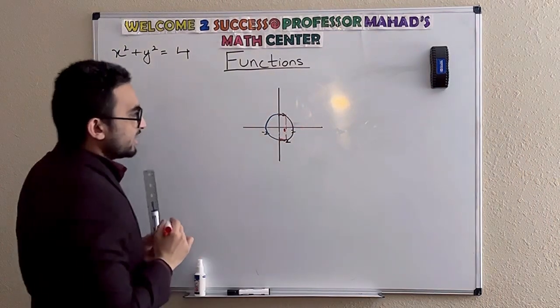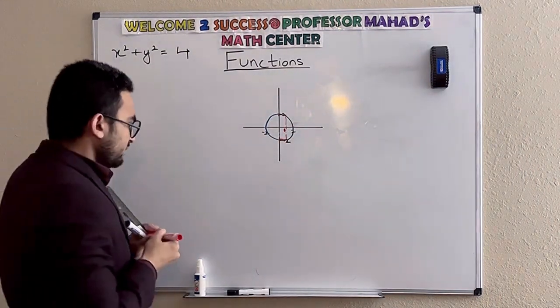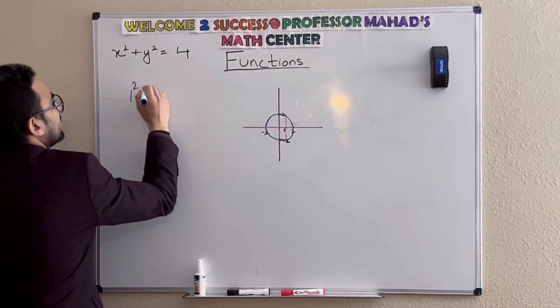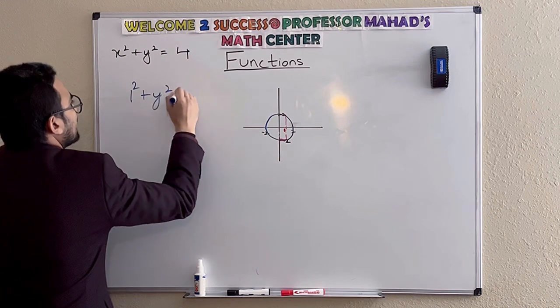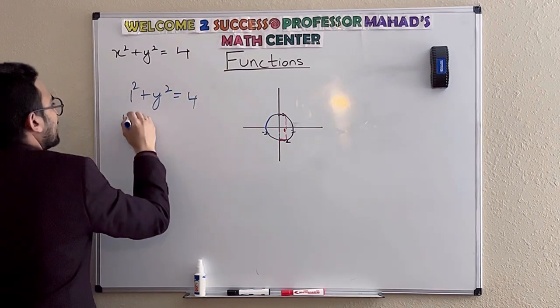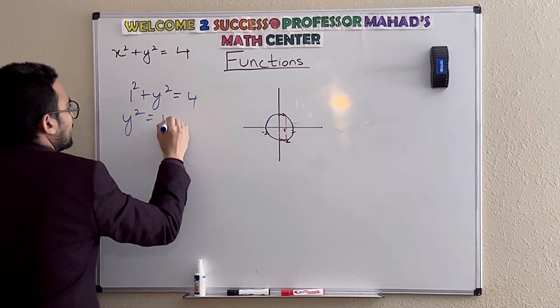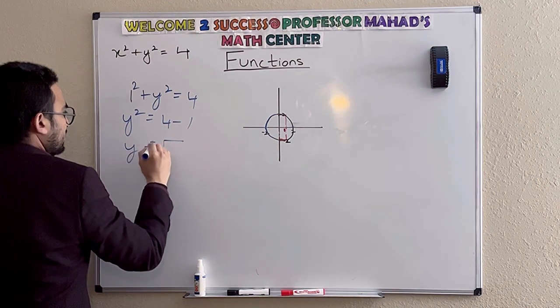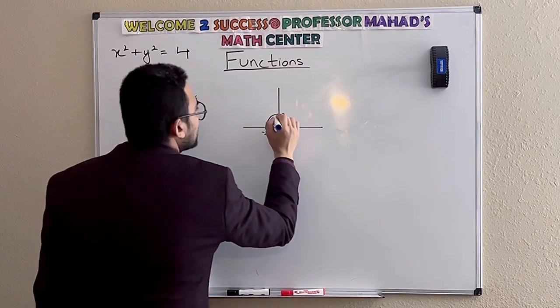Let's say I'm taking x as 1, so let's calculate it. Basically this is plus √3.